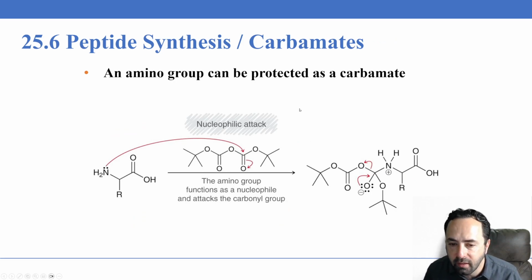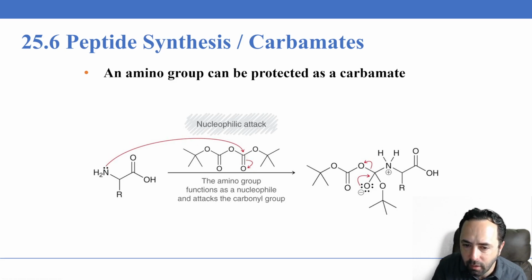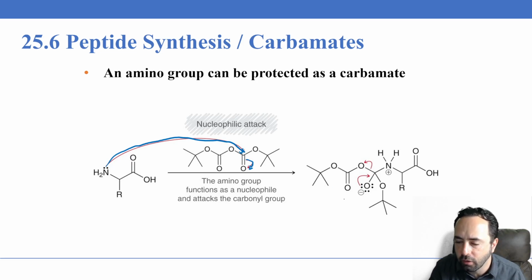So what is the nature of these protecting groups? The amino group can be protected as a carbamate, and so we react here with this carbamate, which has a very nucleophilic center here, which can be attacked. So again, we have the resonance arrow here, which produces a negative formal charge on the oxygen, a positive formal charge on the carbon, having 3 bonds and no lone pairs, and this will be vulnerable to a nucleophilic attack by the nitrogen here.